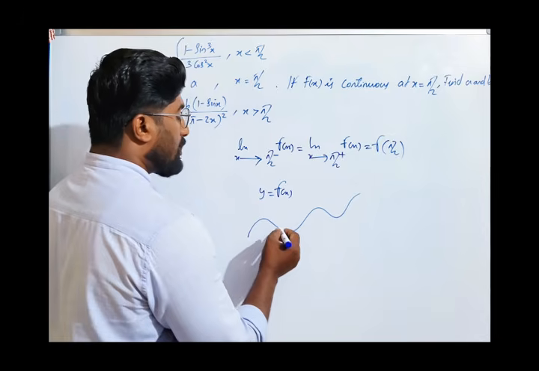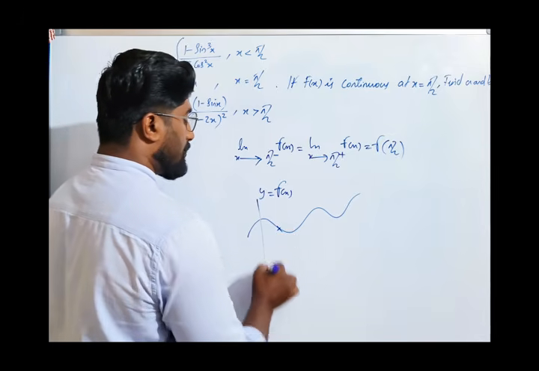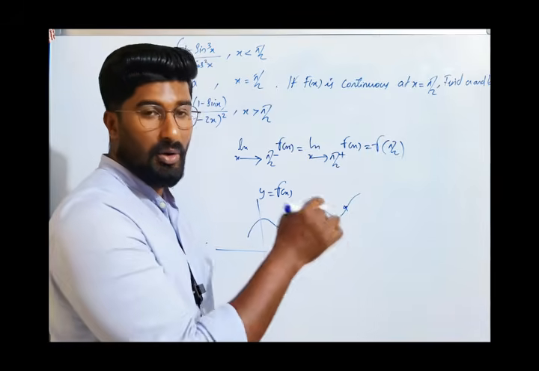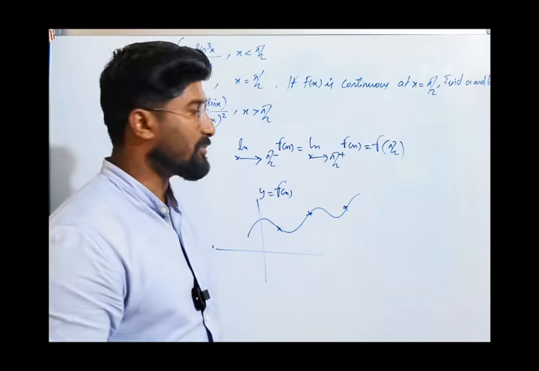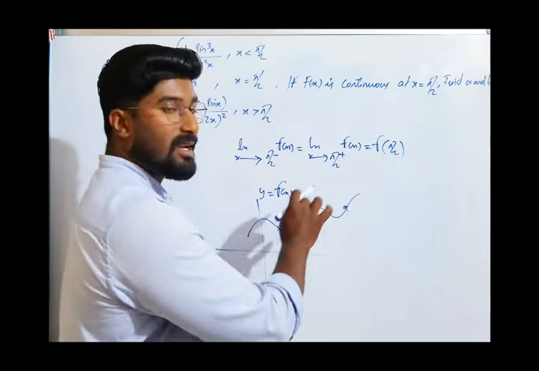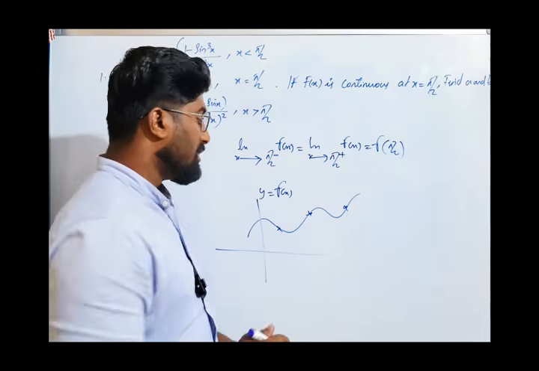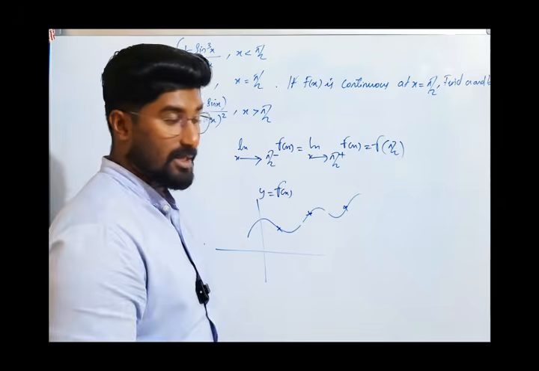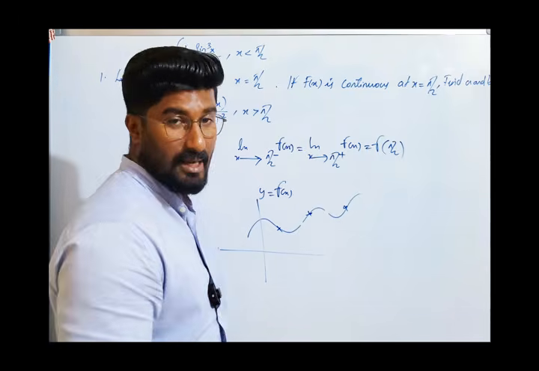After locating all these points in the xy plane, you can join them to draw the graph of the function. If it is continuous, that means if you can draw the graph without breaking, you can say that the function is continuous.